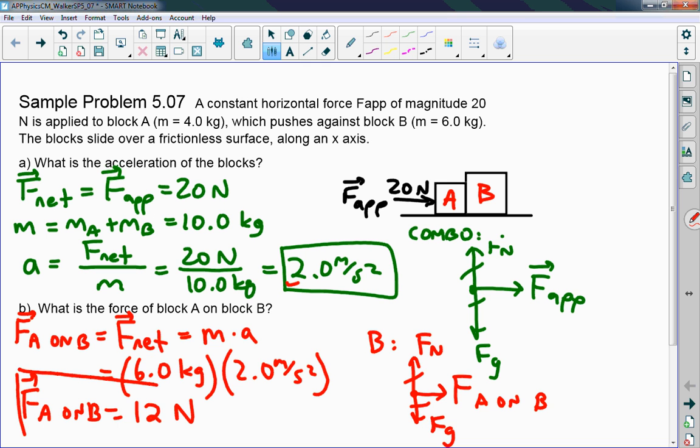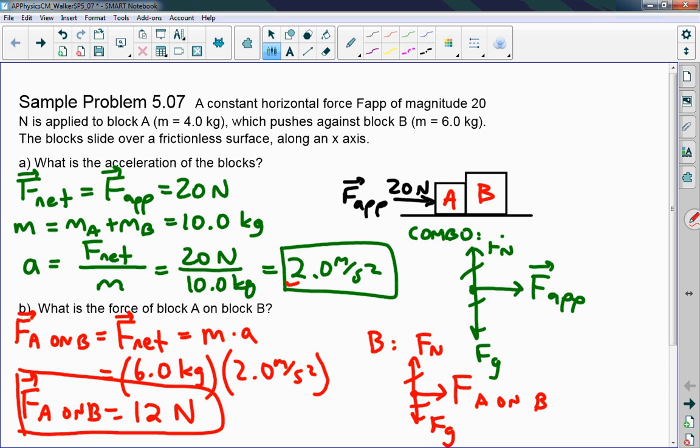So does that make sense, that A is putting a 12 newton force on B in order to accelerate it like that? Yes, because it's less than 20 newtons.